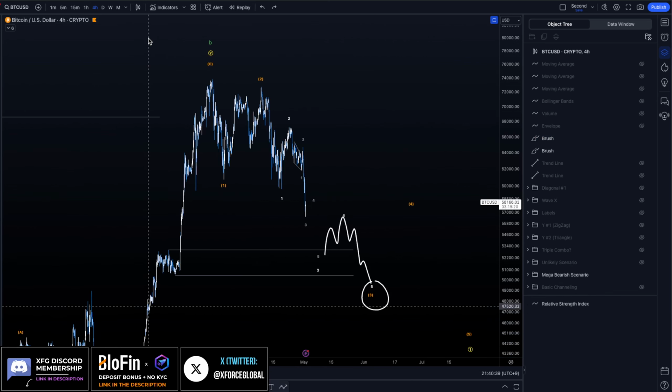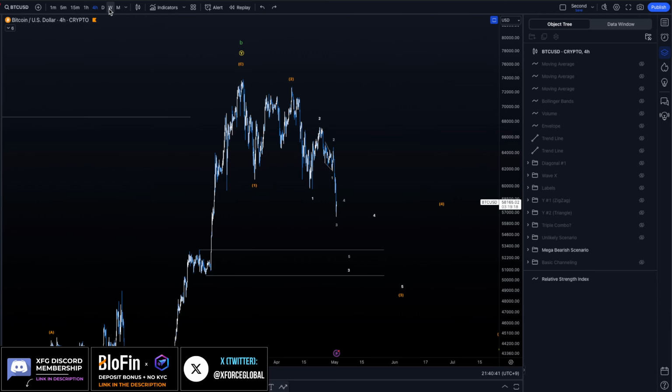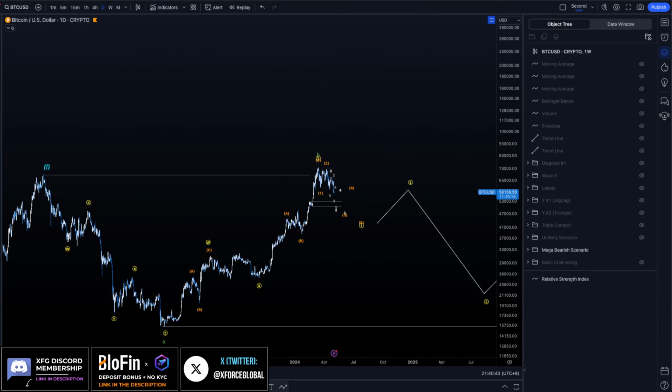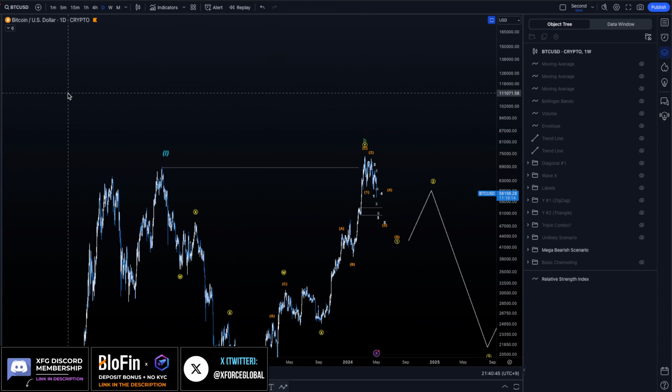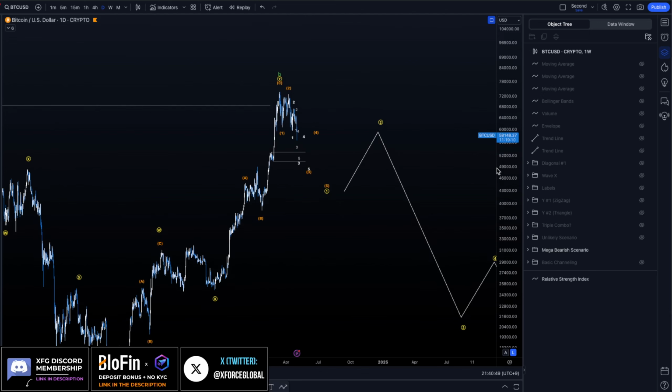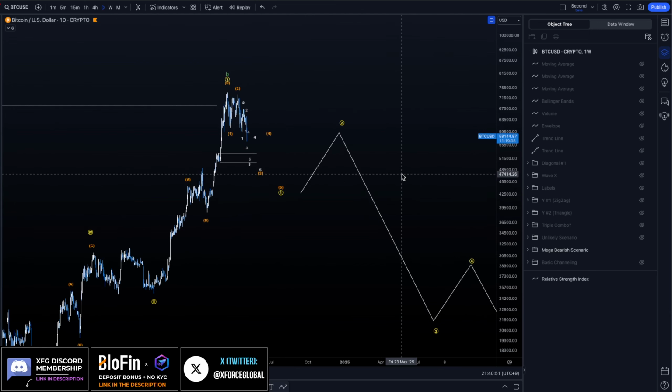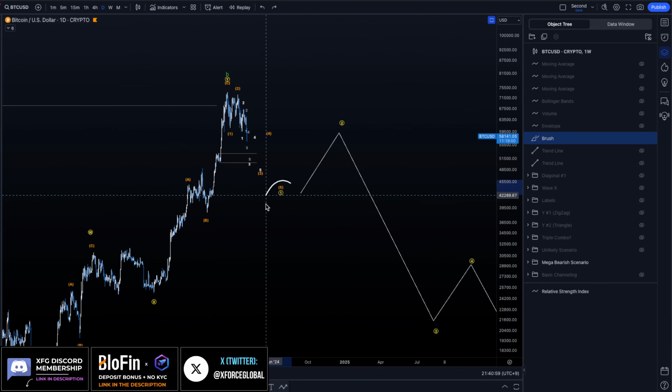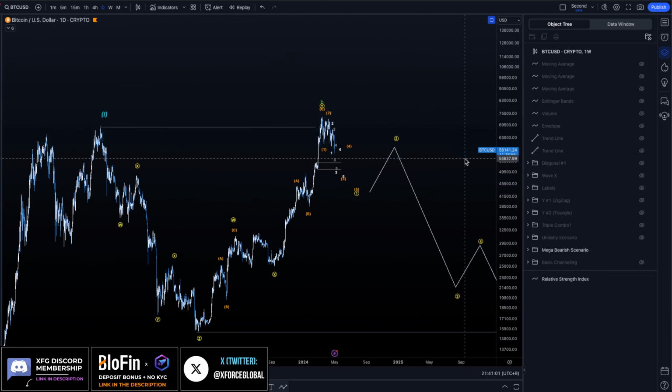And if we zoom out even further, that helps us build a little bit more of that narrative. And if we do continue as an impulse to the downside for whatever reason, maybe bad news or continued black swan events of some sort, it's absolutely possible. Then that could be our first wave A or wave 1 into that primary degree of the larger move of this flat to the downside.